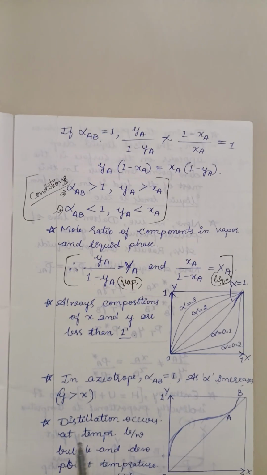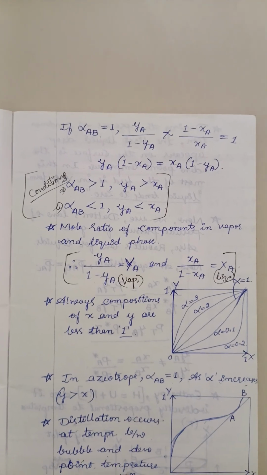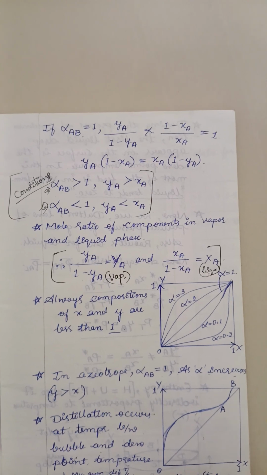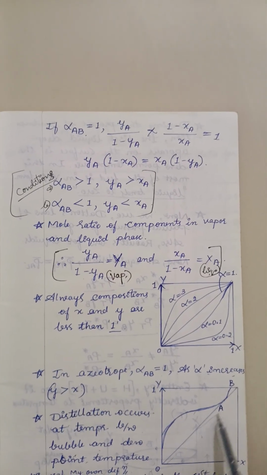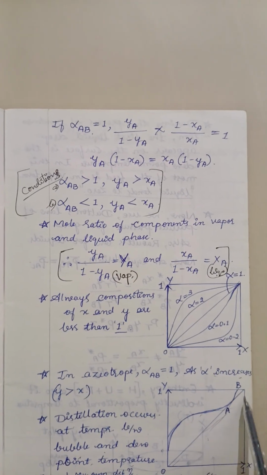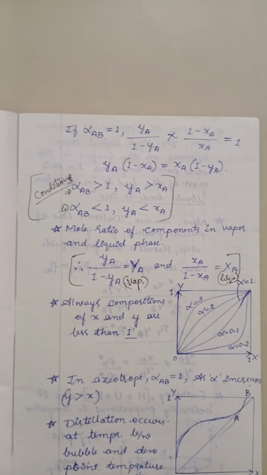Distillation will occur only at temperatures between the bubble point and the dew point temperature. This is denoted here with a graph. I hope you are trying to understand. This is the ideal fluid line, and then we get some graphs like this which are slightly curved and bent.